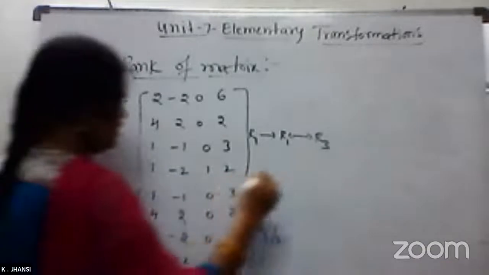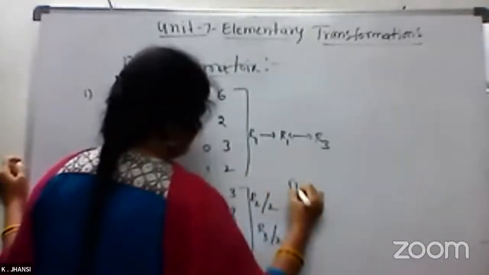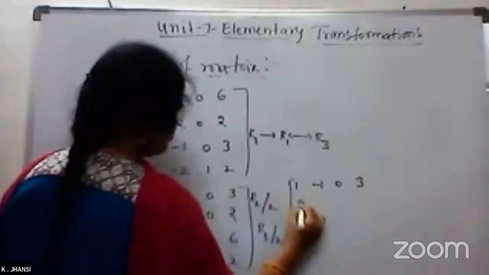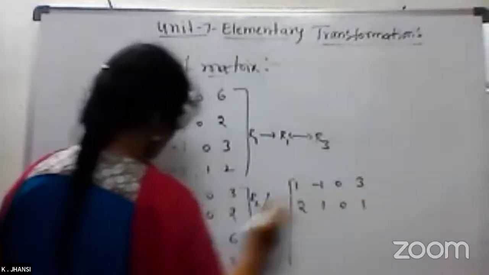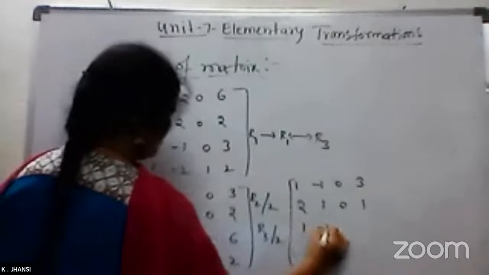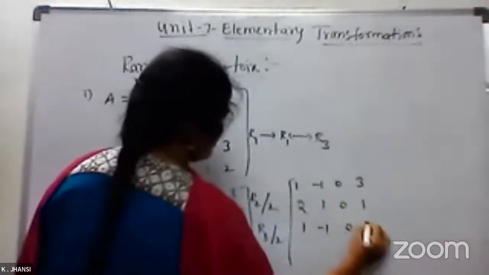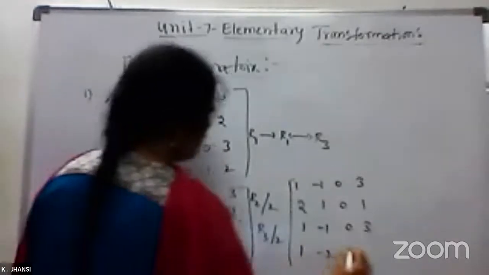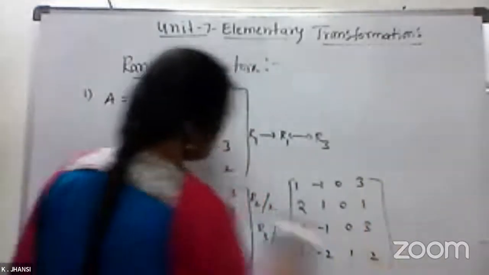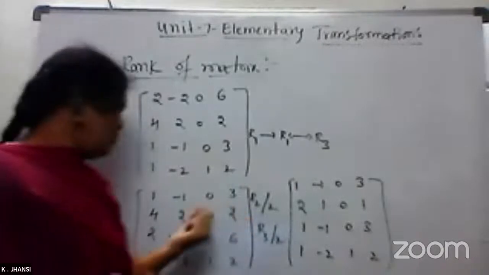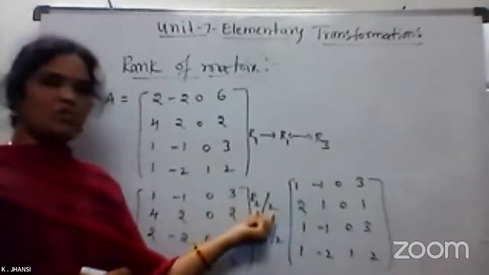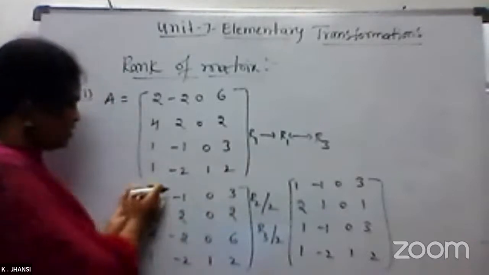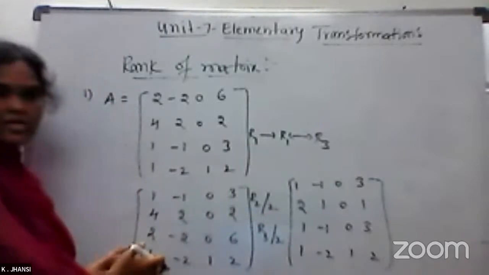Then the rows are: 2, 1, 0, 1; 1, minus 1, 0, 3; and 1, minus 2, 1, 2. You may do this division, or you can directly subtract these two rows and you will get 0.